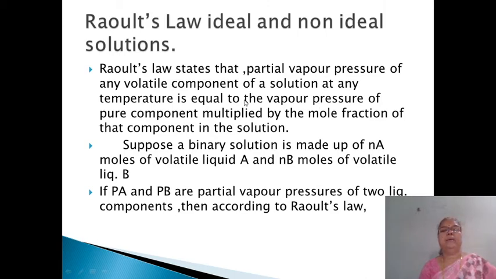And simply remember that the partial vapor pressure of any volatile component of a solution at any temperature is equal to the product of vapor pressure of pure component multiplied by the mole fraction of that component in the solution. And this law is explained as follows.